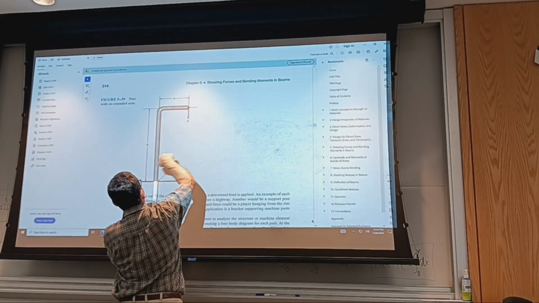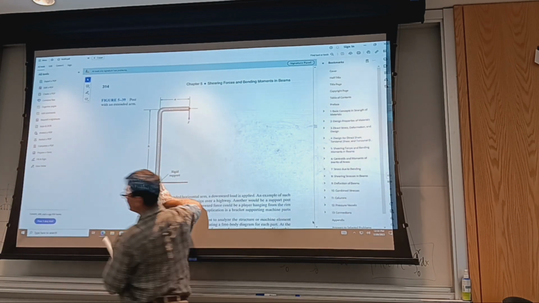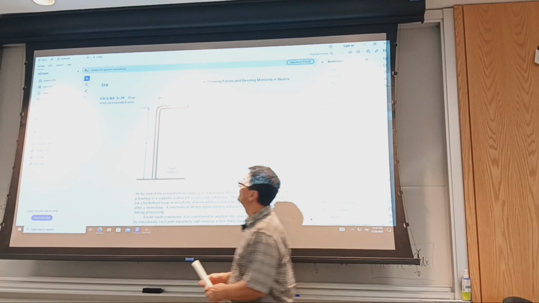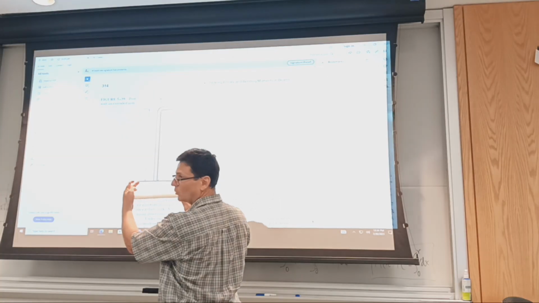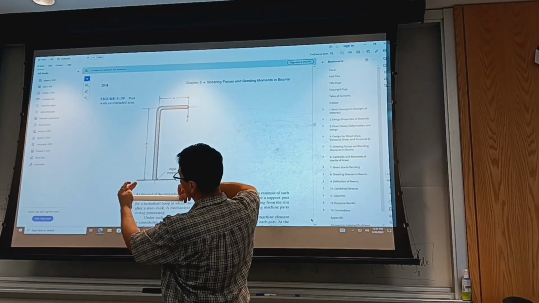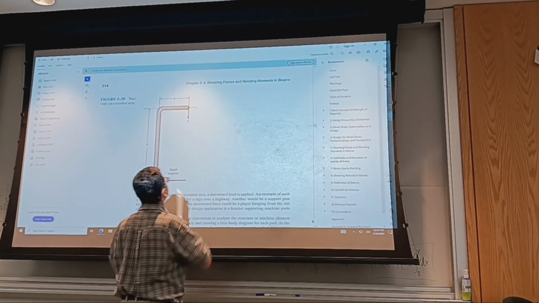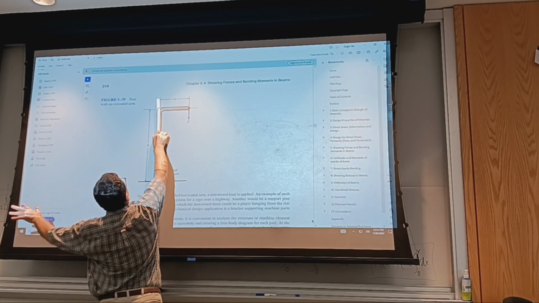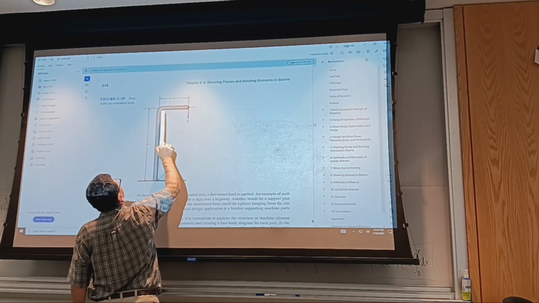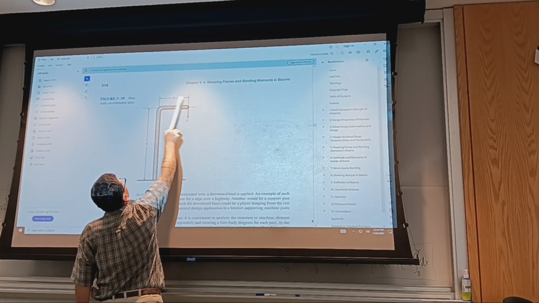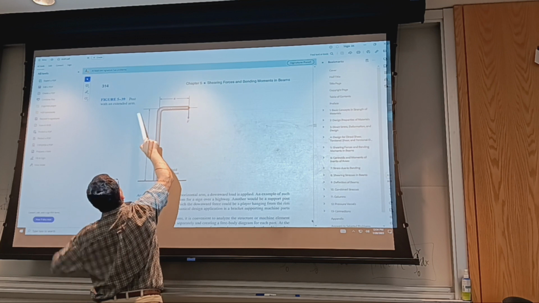So there will be a moment to compensate, equal to F times A, that needs to be developed into the foundation. So you separate just this piece and you analyze this as a horizontal cantilever with a down force. Like we saw before, you just assume this to be fixed into a wall. You find the moment, and of course the moment will be equal to A times F, acting this way, counterclockwise.